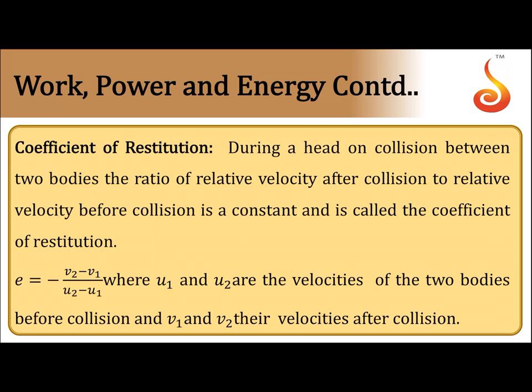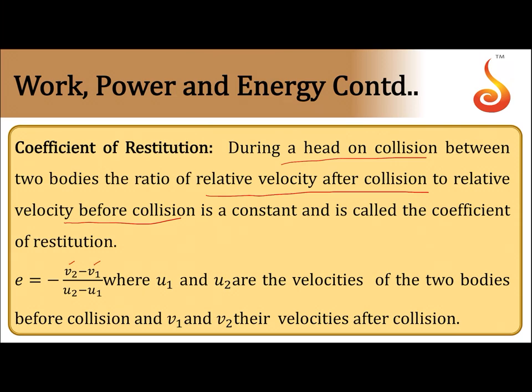To understand collision, we define a quantity called the coefficient of restitution. During a head-on collision between two bodies, head-on collision meaning the line of motion of the particles must be the same, the ratio of relative velocity after collision to the relative velocity before collision is called the coefficient of restitution. So after collision, let us say the two particles have velocities v2 and v1.